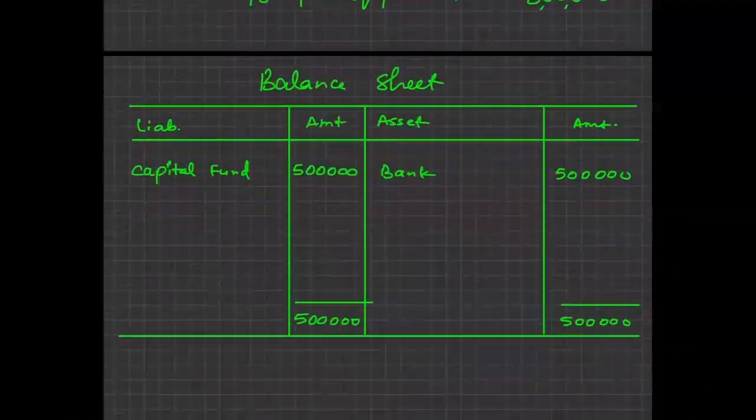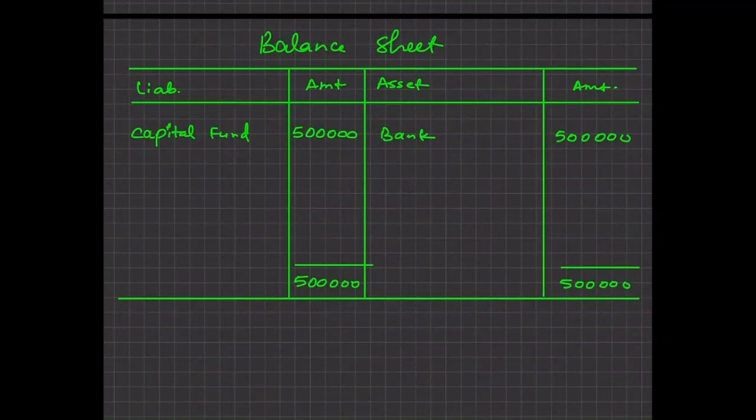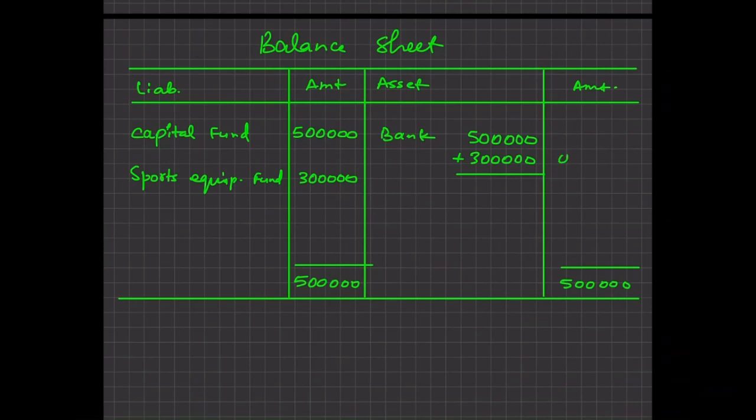So let's see what will be the impact on my balance sheet. There would now be a new head called sports equipment fund of 3 lakhs. And now the bank balance would be 5 lakhs plus 3 lakhs, that would be 8 lakhs.